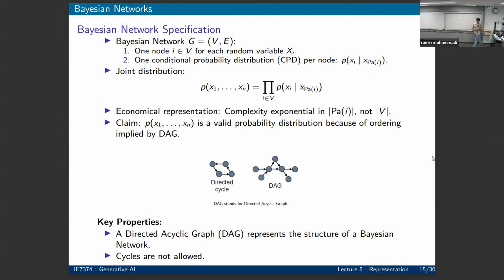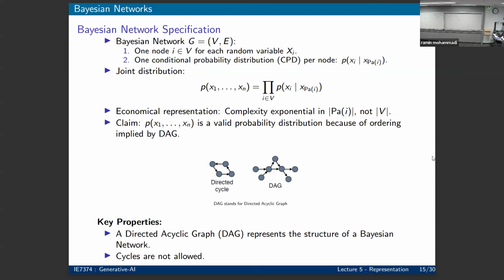So let's think about the Bayesian network as a network. The graph has vertices and edges. You have one node per data point or per pixel, for example, and you have one conditional probability distribution, CPD, per parent connection. So every node has only one conditional probability value for the connection it has from the parent.